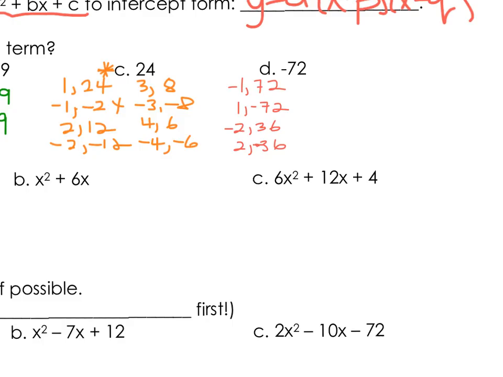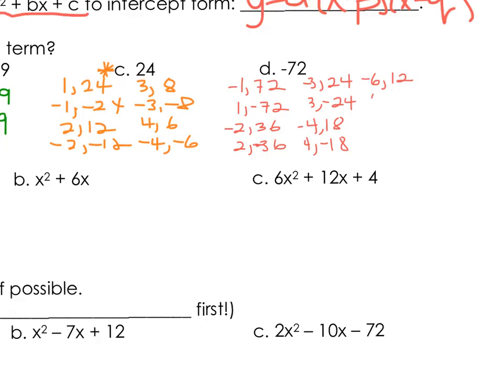How many others could we come up with? I know 3 times 24 equals 72, so I'm going to make one of them negative. And then I'll make the other one negative. 4 goes into 72 18 times. There are lots of factors of 72. As we utilize this in our processes for quadratics, these are the kinds of things we have to work through. 5 doesn't go into 72, but 6 does. 6 times 12.